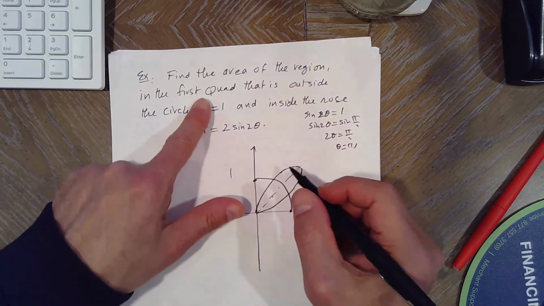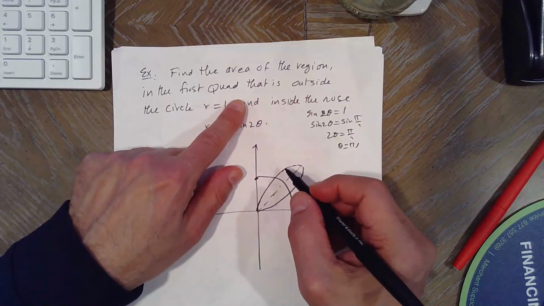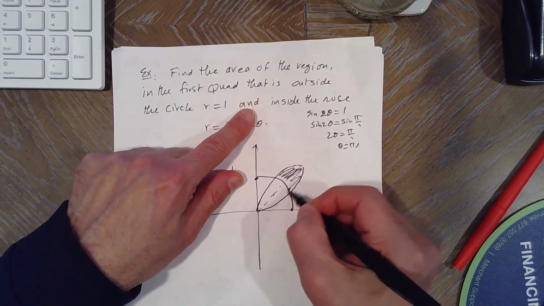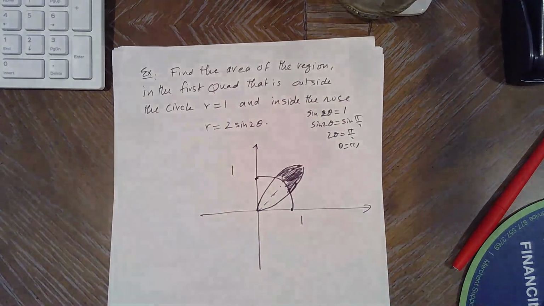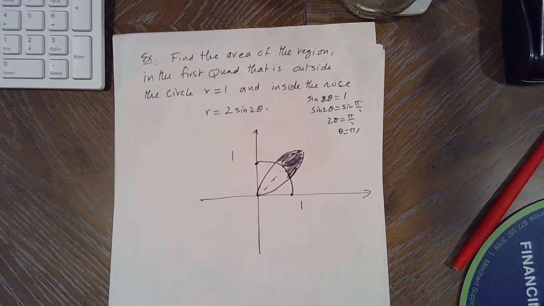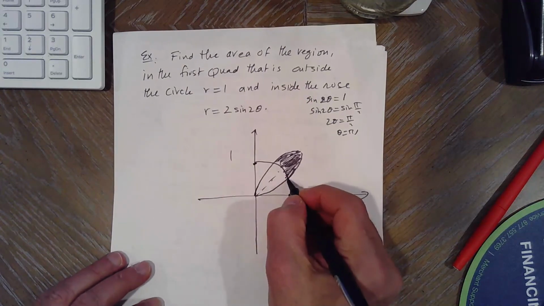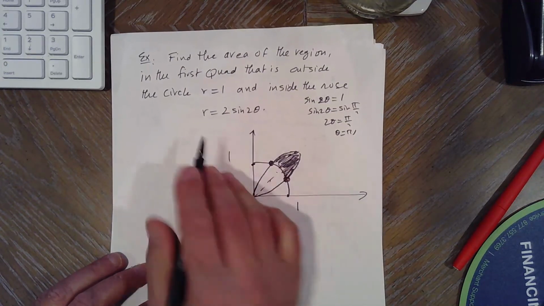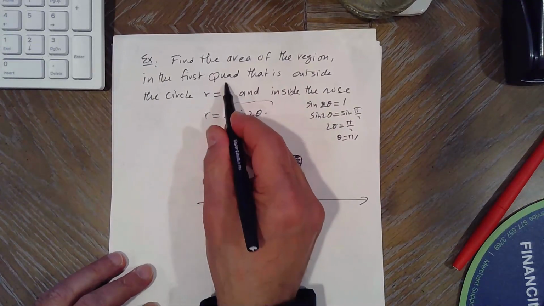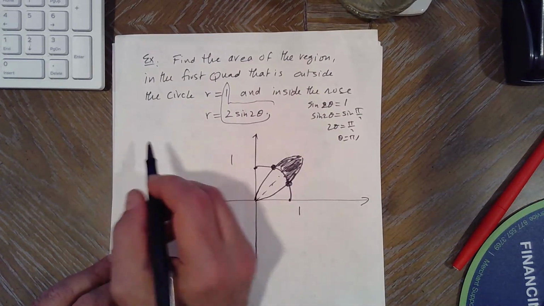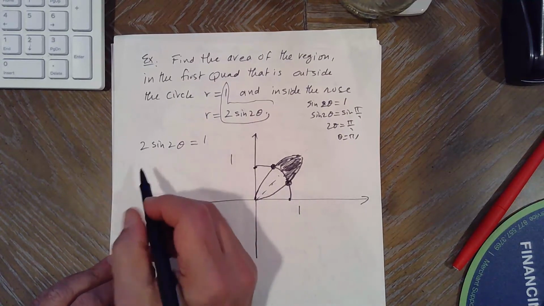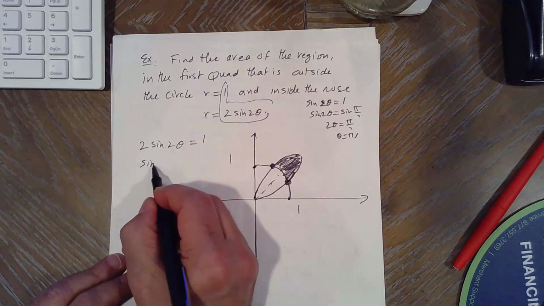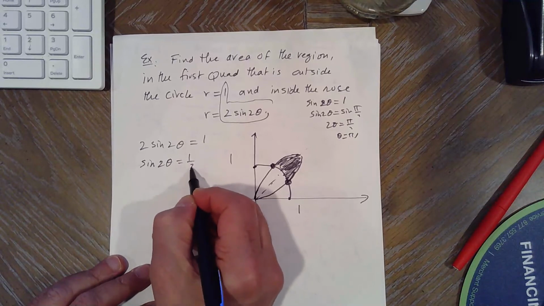So you want the area in the first quadrant outside the circle and inside the rose. Okay, so where do these cross? We set them equal to each other. So 1 equals 2 sine 2 theta, so sine 2 theta equals 1/2.